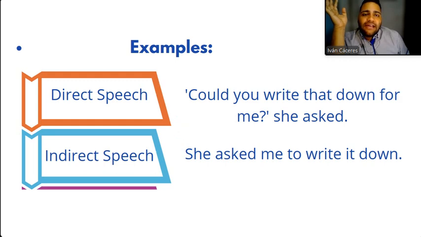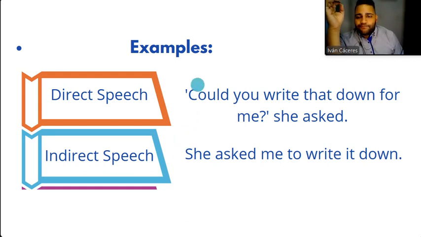She asked me to write it down, but in this case, it sounds more like an order, like a command. If you don't want it to sound like a command, you can keep the same structure of the closed questions, which is using "she asked me if I could write it down".